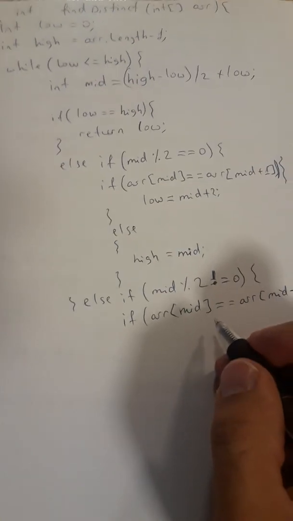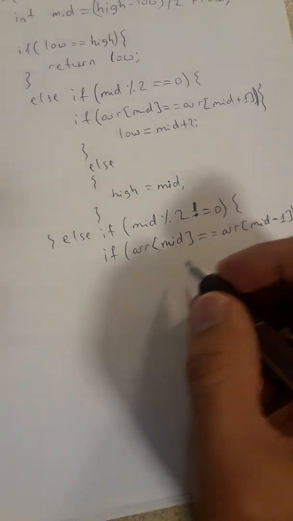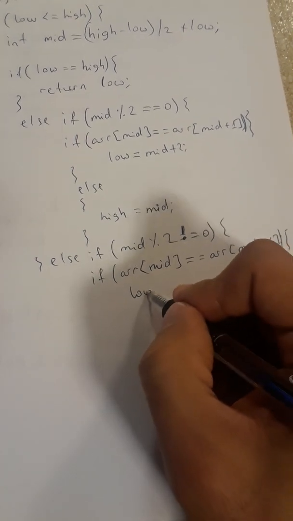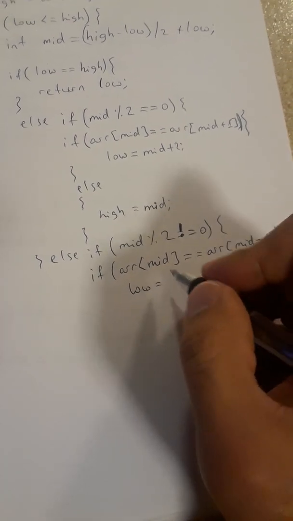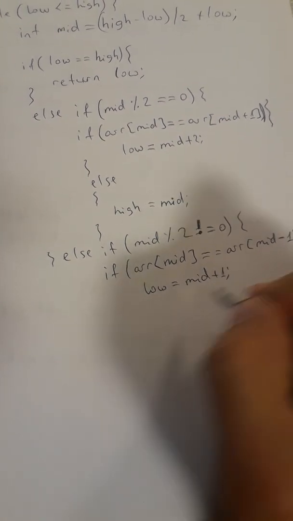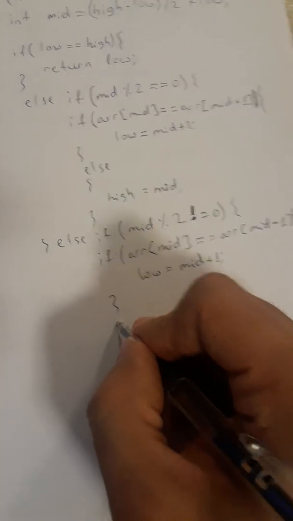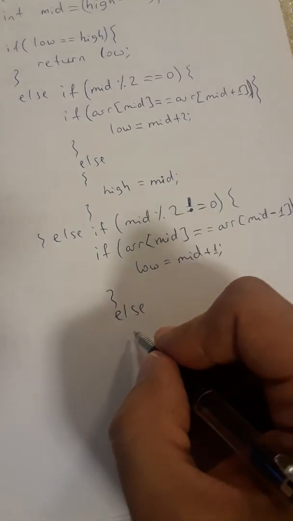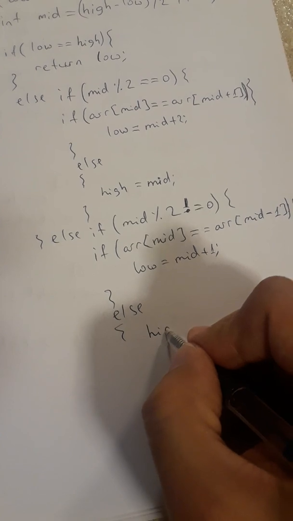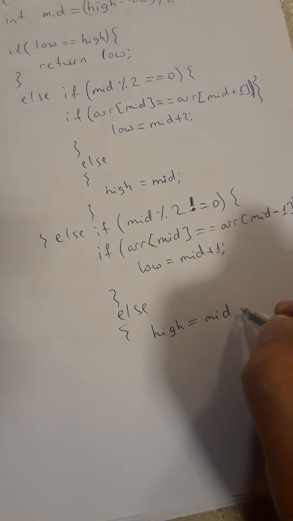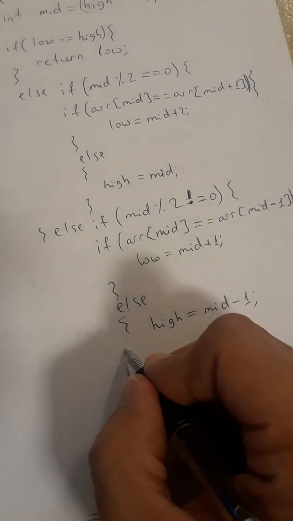If it's equal, it will mean that the order is not broken, and I will need to search at the right side, changing my low pointer. Otherwise, if the order is broken, I will change my high pointer.